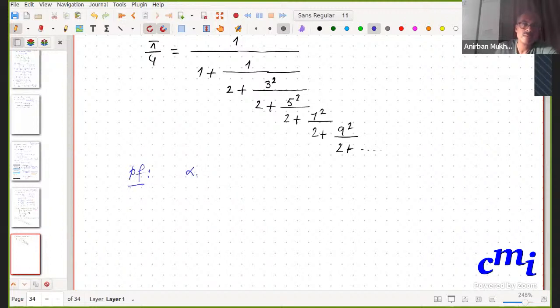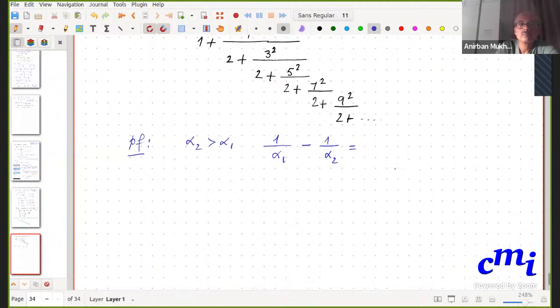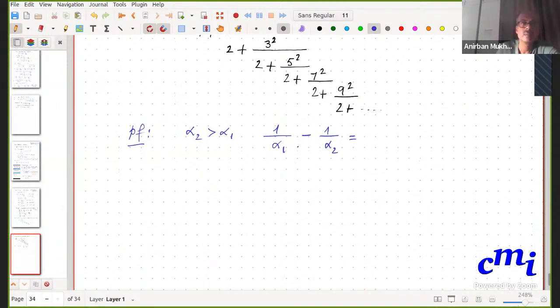Suppose you have two reals, alpha 2 is greater than alpha 1. Let's look at the difference between the reciprocals: 1 over alpha 1 minus 1 over alpha 2.